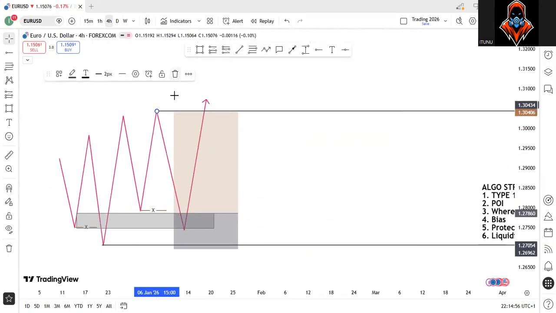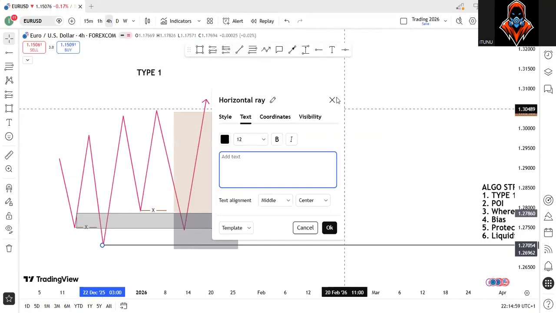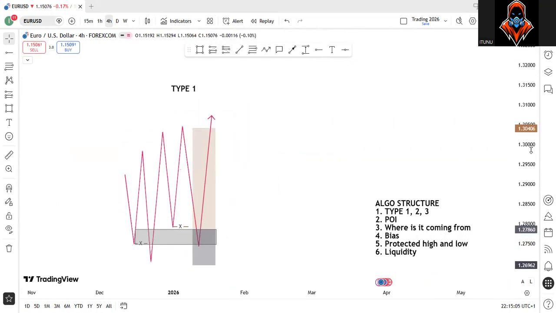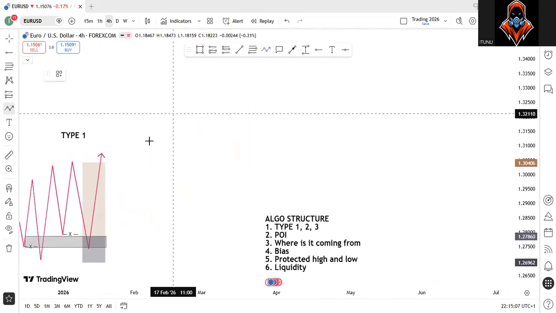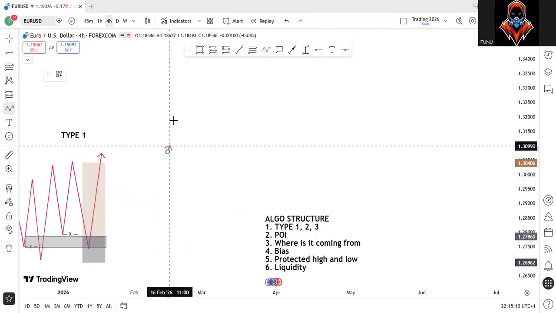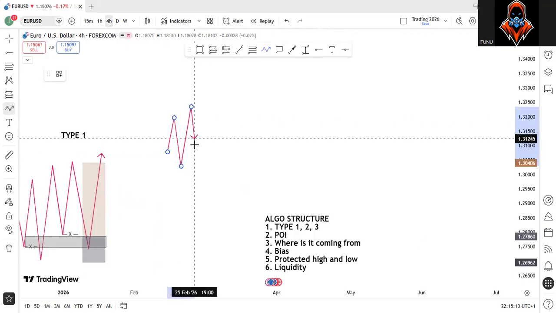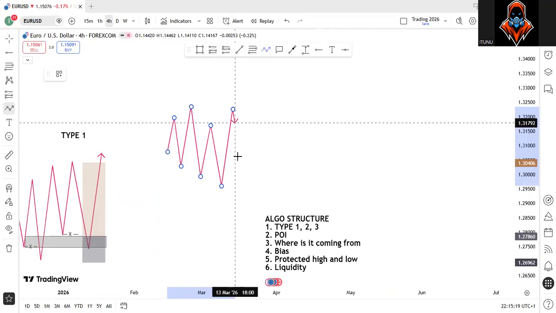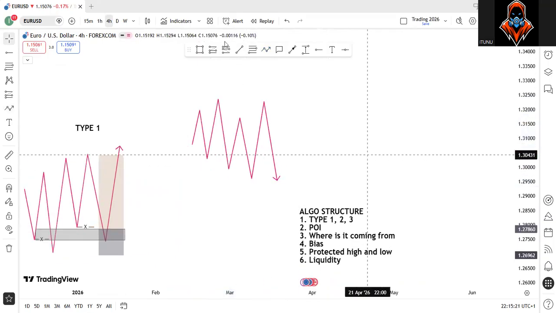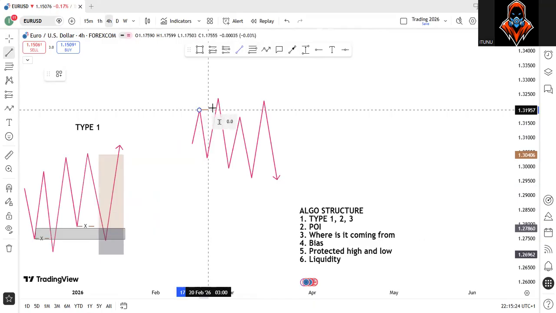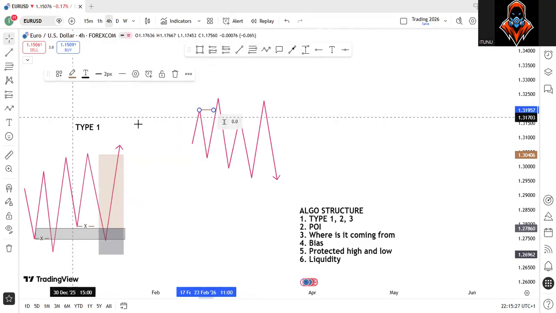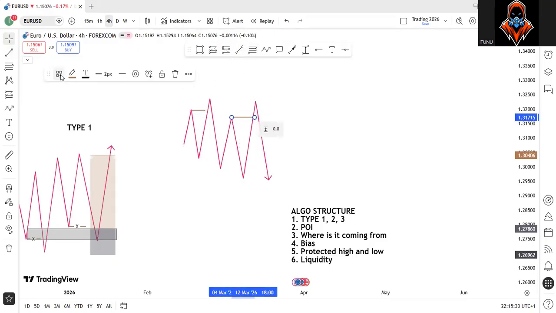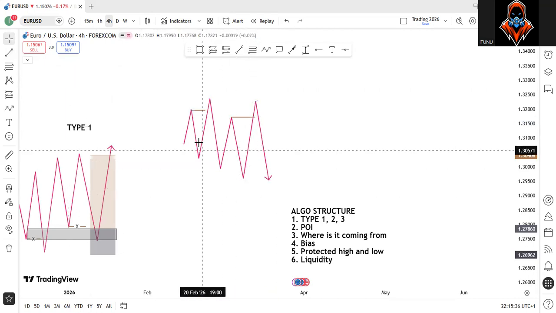In a bearish scenario, type 1 looks like this. First is a sweep, then it creates liquidity.